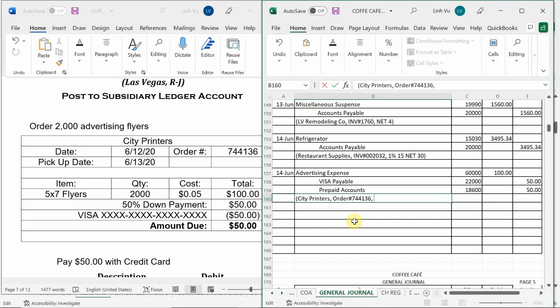We applied the down payment and picked up and purchased 2,000 flyers.